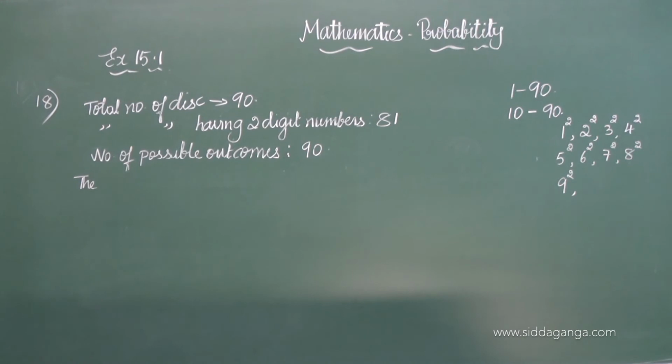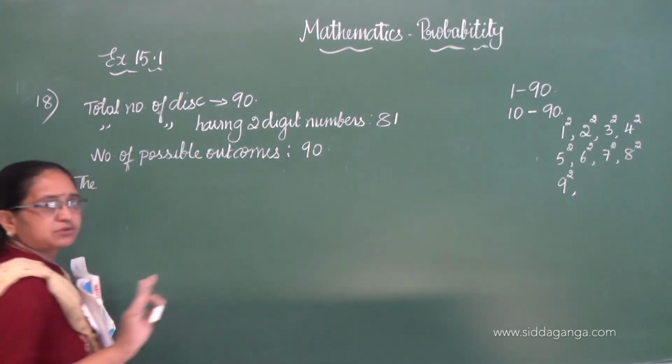So, the number of possible outcomes is 90 only. Number of possible outcomes, there is no change.